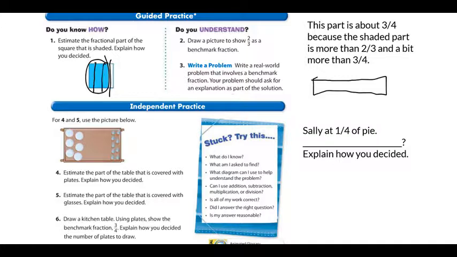It looks like it's more than 1/4, but about a third. So somehow you need to explain what I just mentioned there, in words, just like we did up here, to estimate that part of the table. You could do the same thing for the glasses as well.